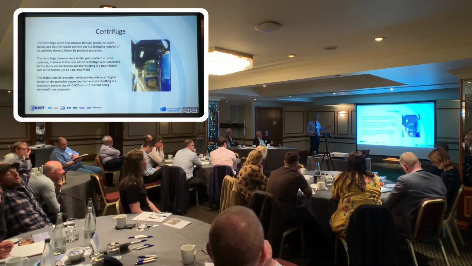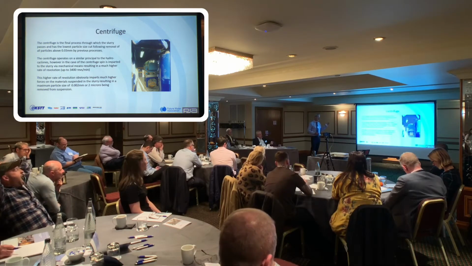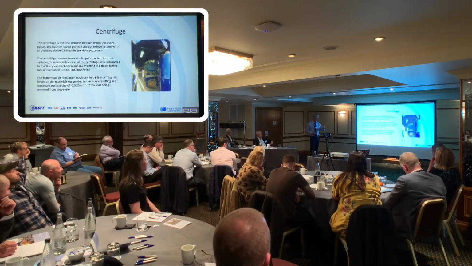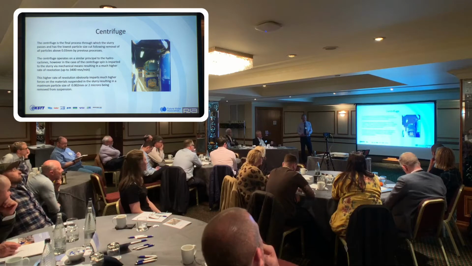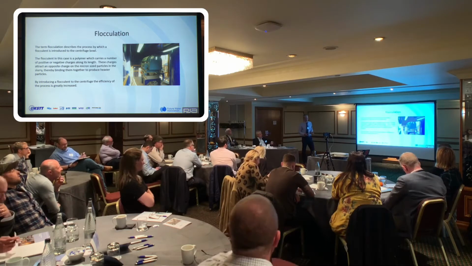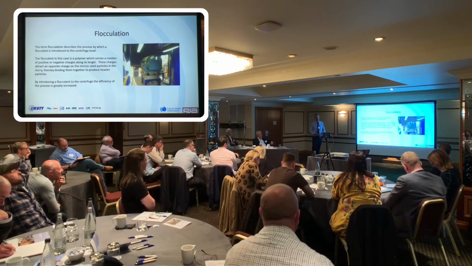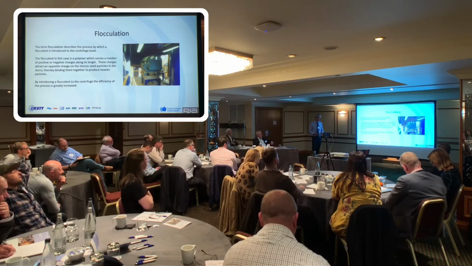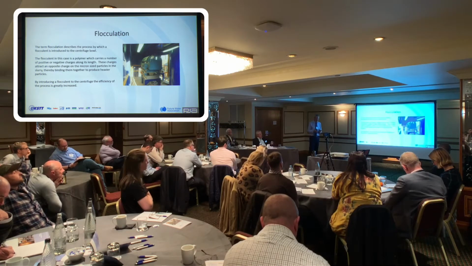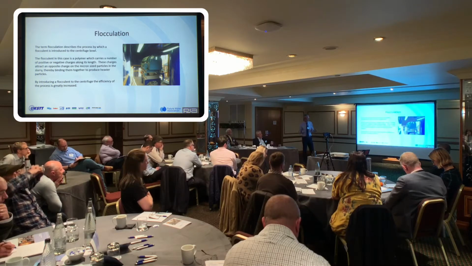In certain grounds, you can't actually put enough force into the centripetal action in order to get the smallest particles out. And in that situation, we need to use an additive called a flocculant. So these are commonly used in water treatment, in sewage treatment plants, but in this process, what they do is they are a long chain polymer.